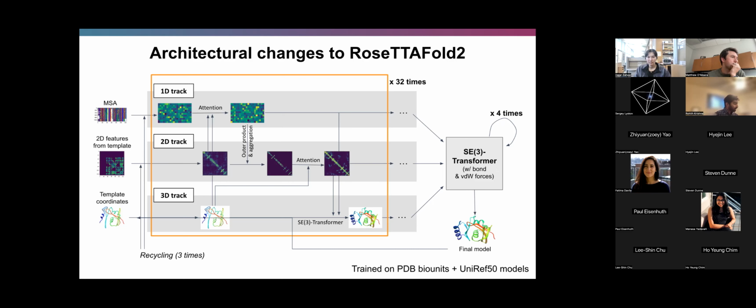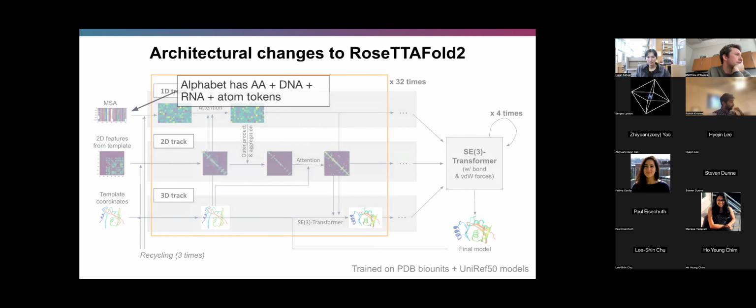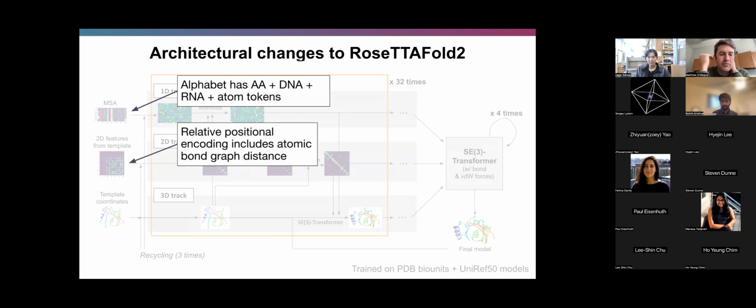So, okay, now we're here and we want to go to creating a model that satisfies the restraints that I had outlined previously. And so the first thing you have to do, right, is that you need to add new tokens into the 1D track. So the 1D representation needs to functionally be able to distinguish the difference between these two atoms. The second thing, right, is you need to provide some notion of bonded distance.